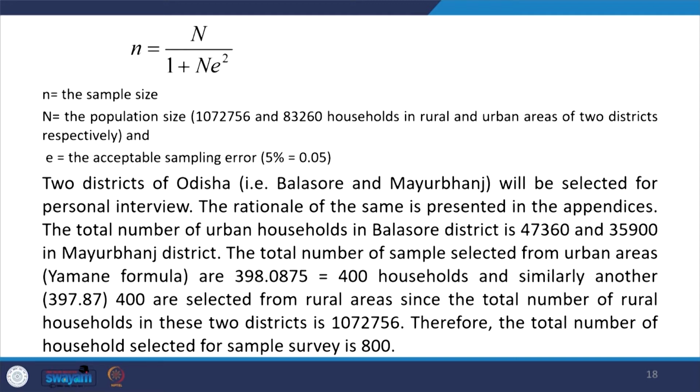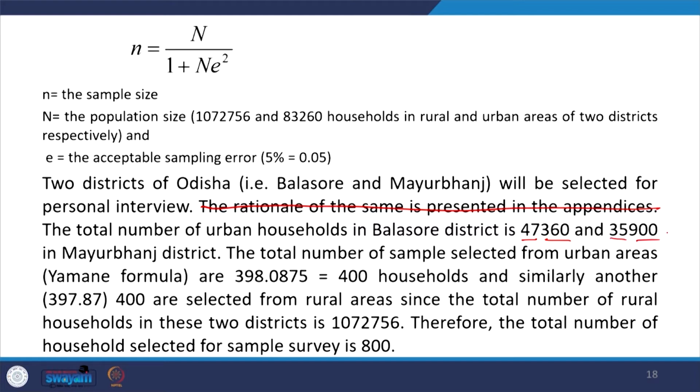For 2 districts in Odisha, based on my own survey, we target personal interviews. That is present in the appendix, but now I am not going to see the appendix. I can just simply mention it here. The total number of urban households is this much in Balasore district and this much in Mayurbhanj district.